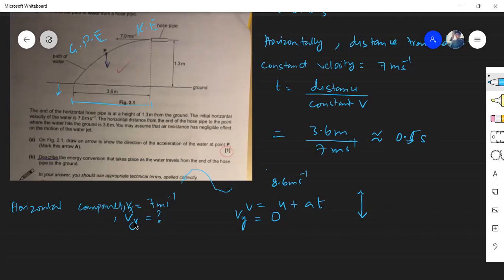The acceleration is 9.81 times the time, 0.5 seconds. So the vertical velocity is 9.81 times 0.5, which is 4.91 meters per second.